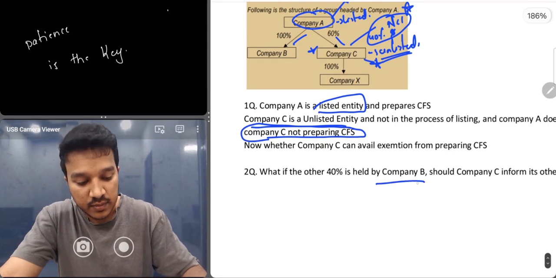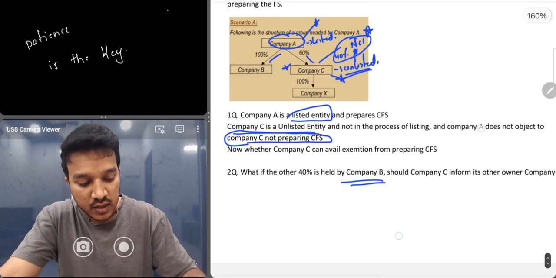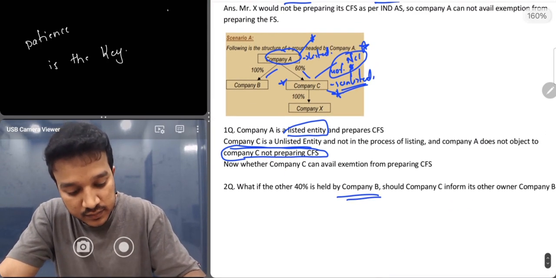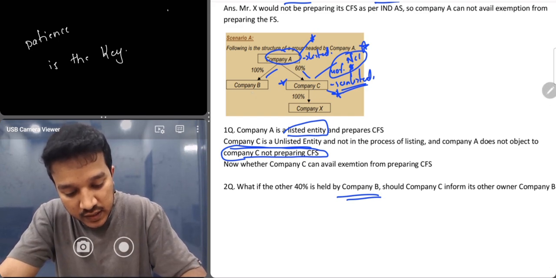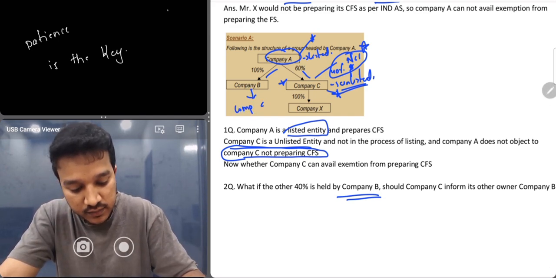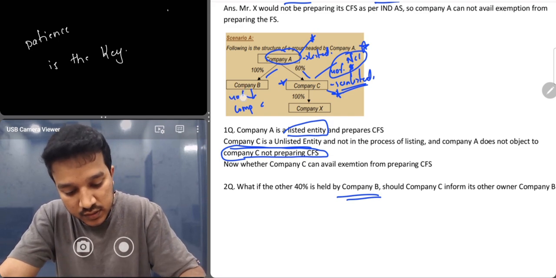What if 40% is held by company B? Should company C inform the other owners? Okay. So company B is investing in company C only 40%.